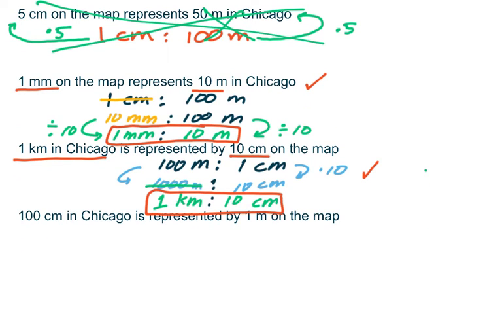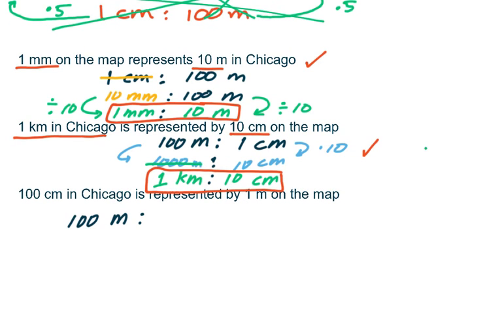It says 100 centimeters in Chicago is represented by 1 meter on the map. So for this one, I'll return to that relationship in sort of that reverse order. So I'm going to say that I have 100 meters represented by 1 centimeter. The question we're looking at says, what would happen if this were 100 centimeters?